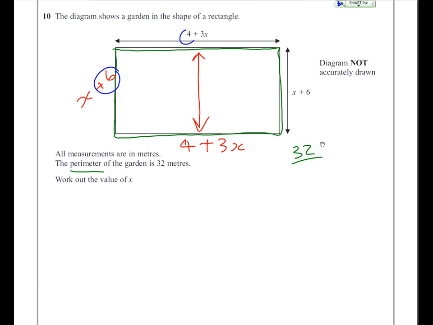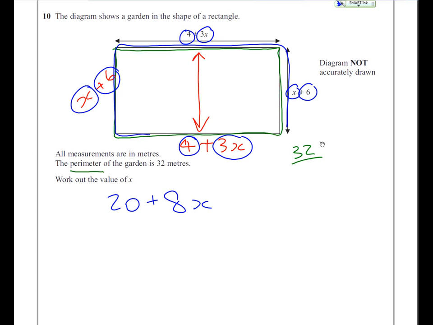Six plus 4 is 10, 16, 20. Our x's: 1, 4, 5, 8 x's. And we add them all together. That gives us all the way around the edge, the perimeter. And we already have been told that that is 32.